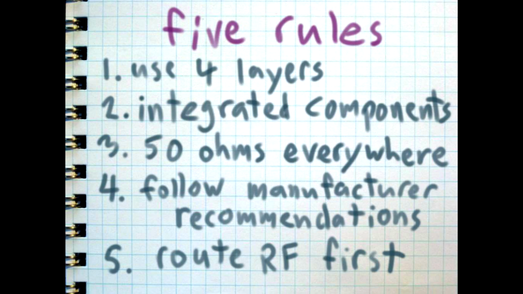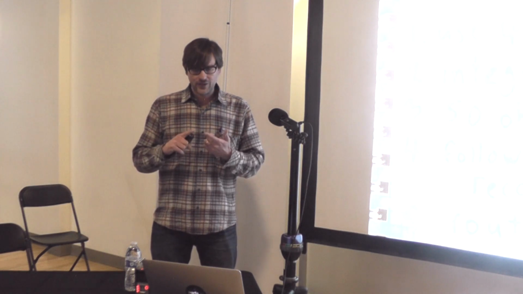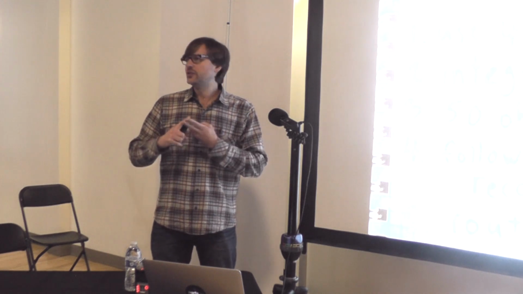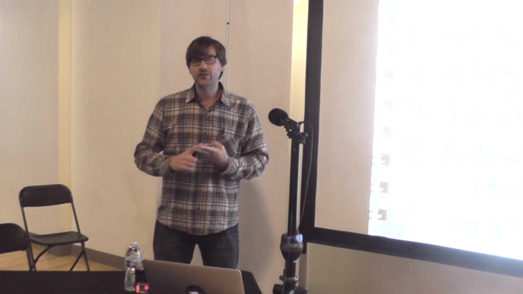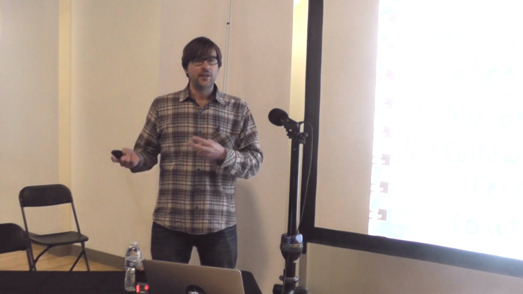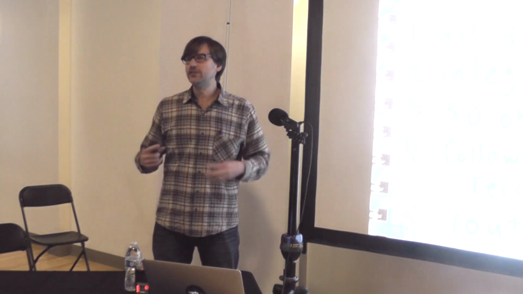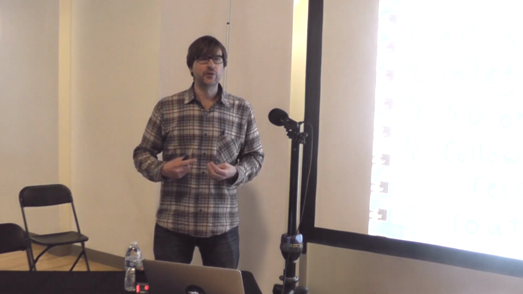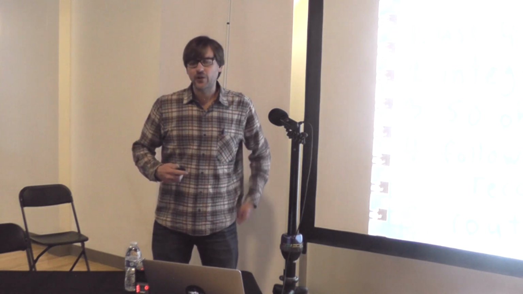Now, this talk is going to consist more or less of 3 parts. Part 1 is going through these 5 rules in detail. Part 2 is looking at some examples from my own designs that can show you how I have put these rules into practice. And part 3 is going to be talking about components and how you select components for your design. That's what this talk will consist of.